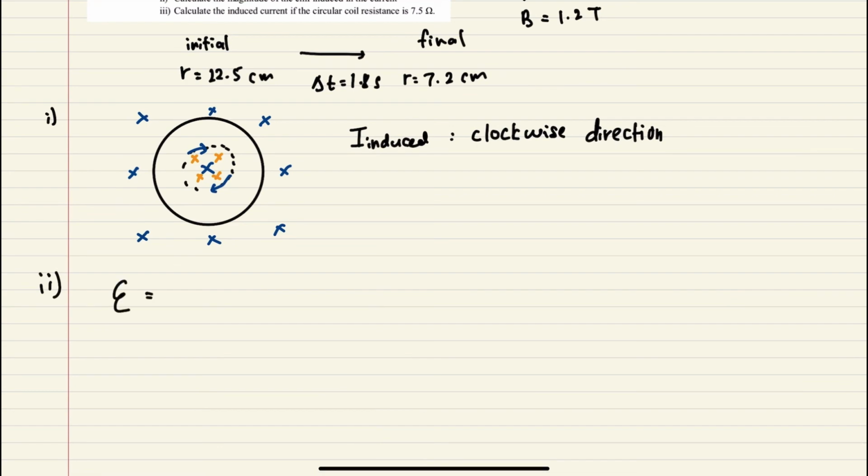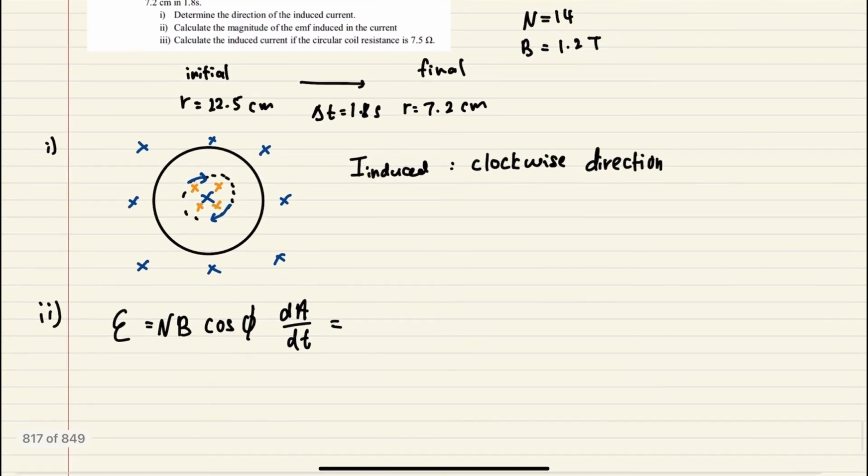In this case, what changes is the area, so I can factorize B cos θ and dA over dt. N is equal to 14, B is equal to 1.2, cos θ would be the direction of B and A, the same direction, so that one is 0 degrees, so that is equal to 1.